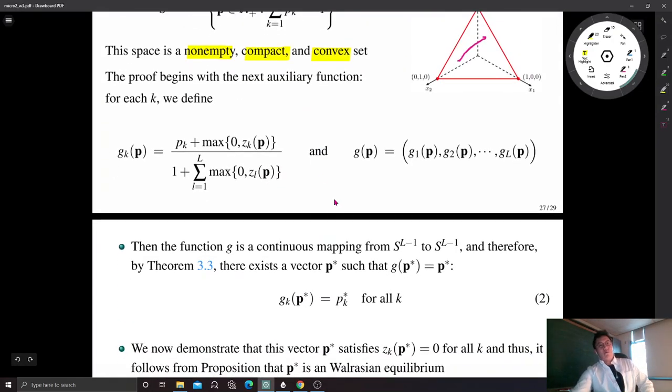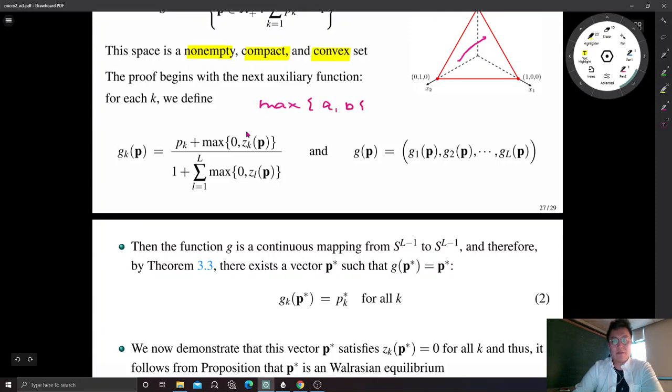Now we define one auxiliary function, g sub k. For each commodity k, we define g sub k as a function of the price. It is a rational function. On the top, we have p sub k plus the maximum between 0 and z sub k.